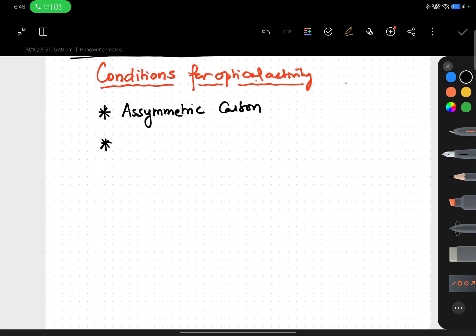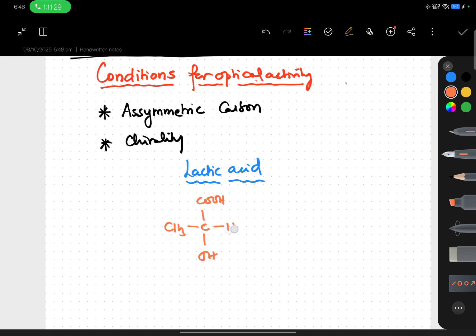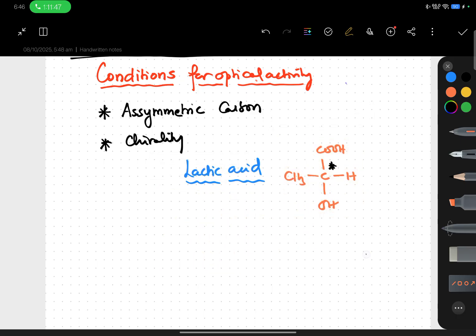Number two, chirality. So what is an asymmetric carbon? Let me take an example called lactic acid. What is the formula of lactic acid? CH3 C H(OH) COOH. Can you see the central carbon is attached to four different groups? Such a carbon is called an asymmetric carbon, and it is denoted by a star. So this is lactic acid.